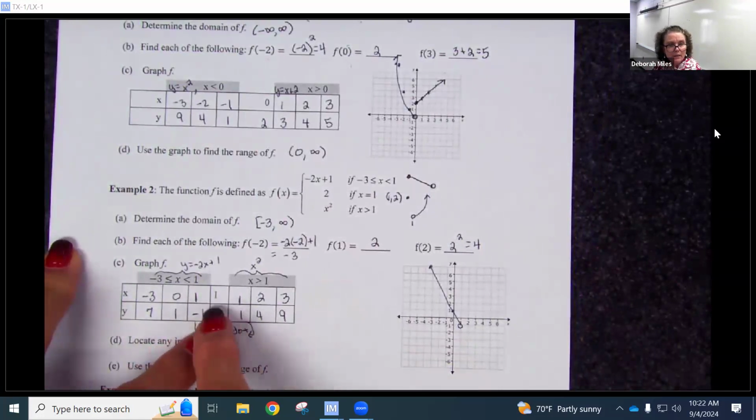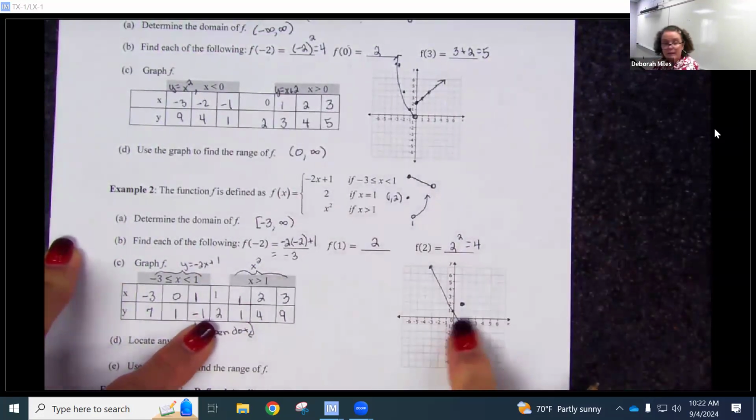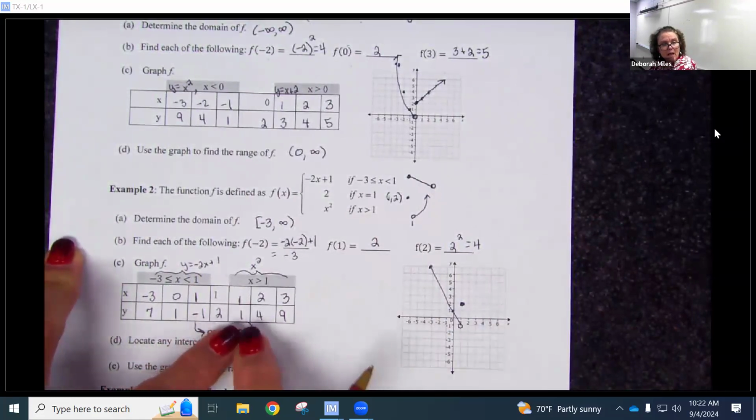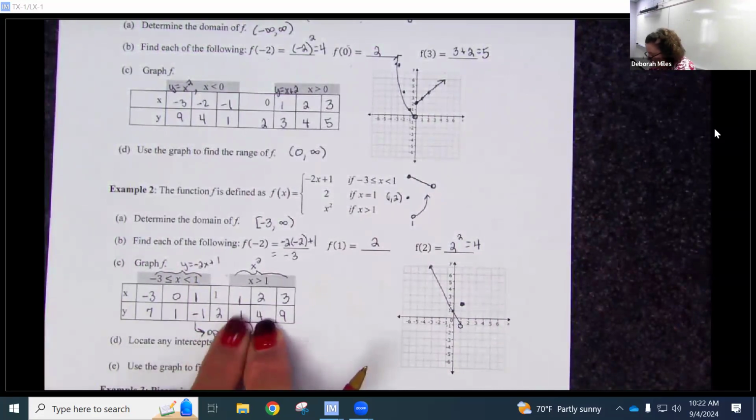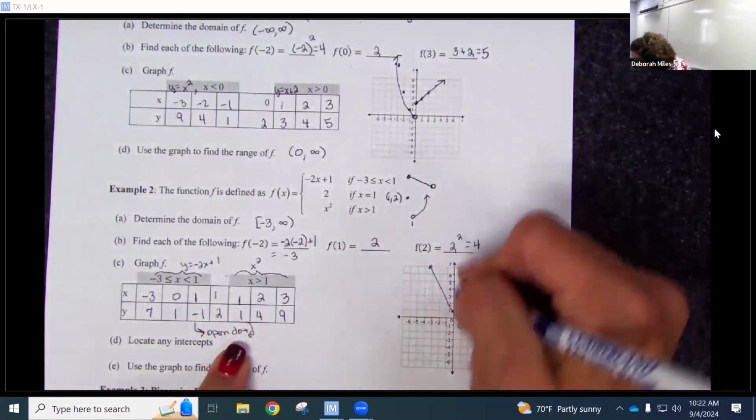And the middle part, when x is 1, y is 2, that is this ordered pair right there. And then the last piece of this graph starts at 1, 1 with an open dot on it.